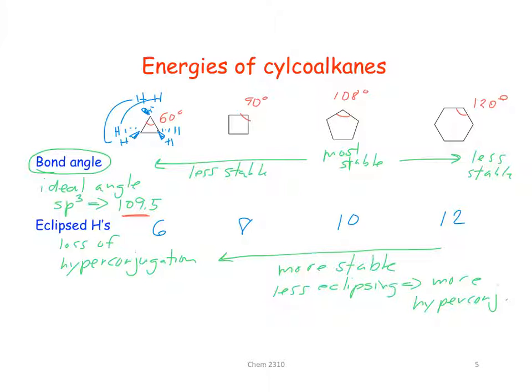From this, we would probably think the most stable ring has to be somewhere in the middle in here, because we want less eclipsing, but we want a bond angle that's near 108.